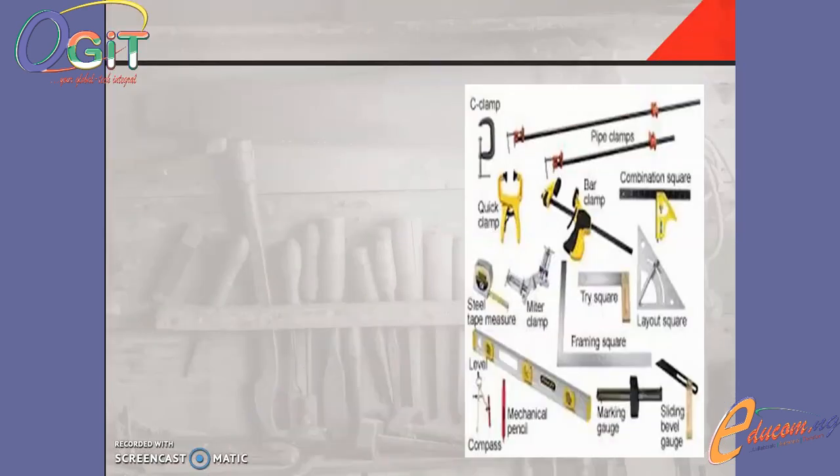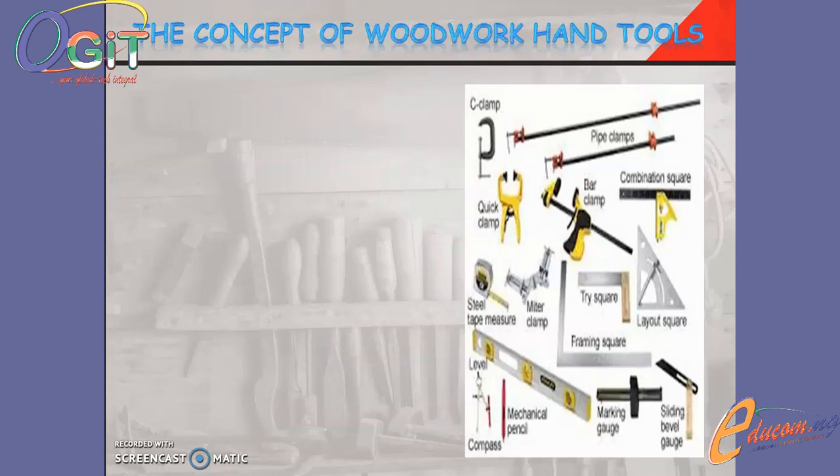With this said, we need to look at the concept of woodwork and tools to understand better what we are talking about. But before we can define woodwork and tools, we have to look at the constituent parts of this concept, which are woodwork and hand tools. What is woodwork? Woodwork refers to the production of items from wood, meaning any item that is produced from wood is called woodwork.